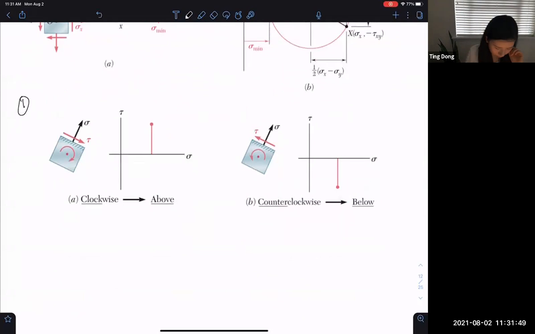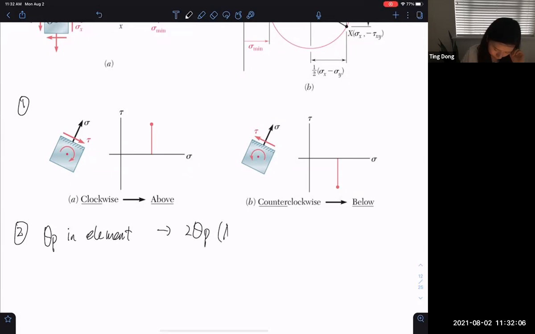And the second one is, if we rotate by theta p in the element, it rotates 2 theta p in the Mohr circle, in the same direction.